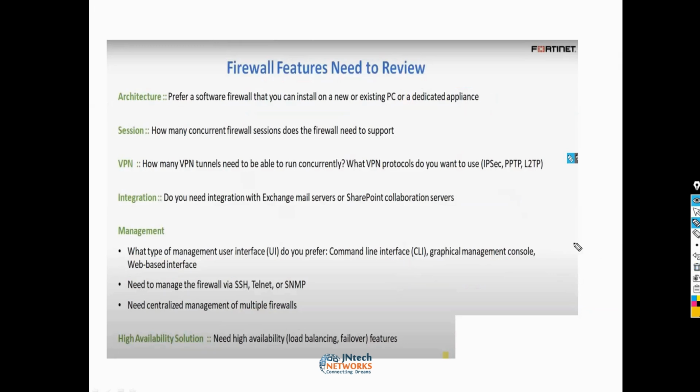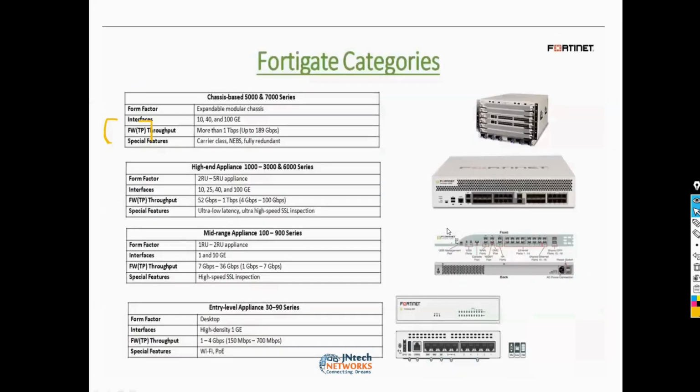Next, you need to know the number of sessions. For example, I'm working with Fortinet. Which firewall is suitable for my organization? Am I working with an entry-level firewall device, or a mid-range network? Here we have the FortiGate firewall series: entry-level firewall devices, mid-range firewall devices, and high-end appliances, where you can go with 3000, 5000, 7000.